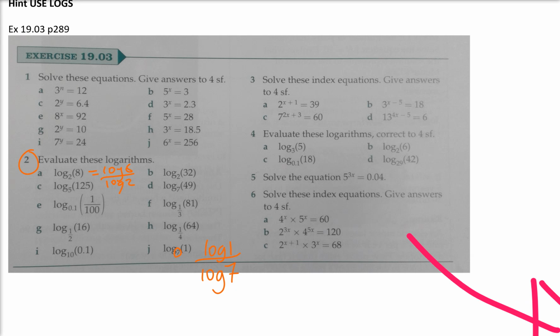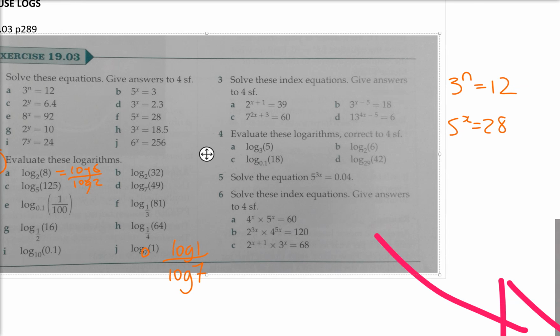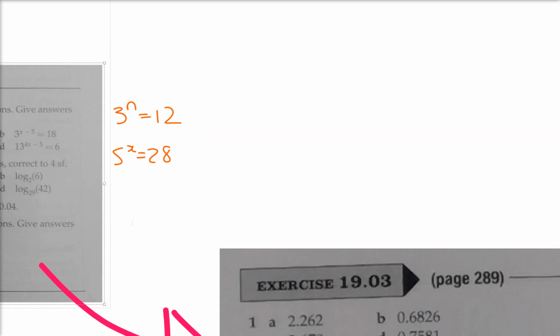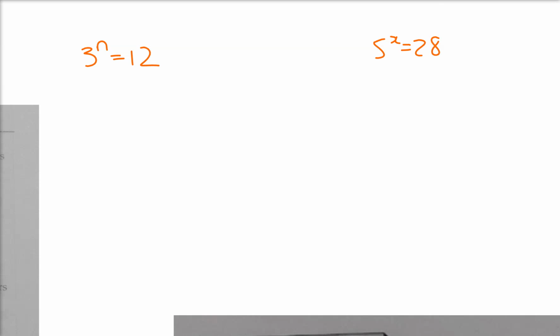Okay. Question 1 though, how would we solve 3 to the power of n equals 12? Or 5 to the power of x equals 28? How do we solve those ones? Our unknown is our exponent, so we would use your log, use what's on your formula sheet there, rearrange them.